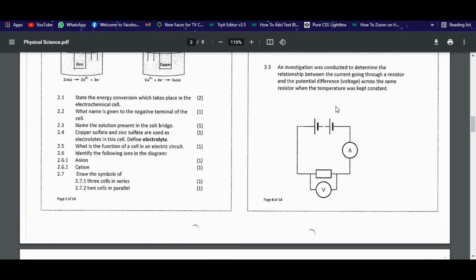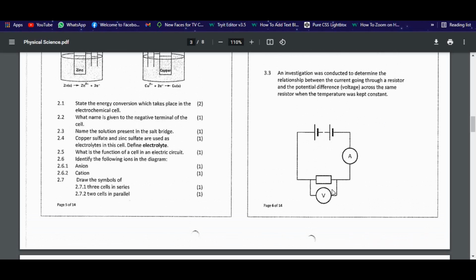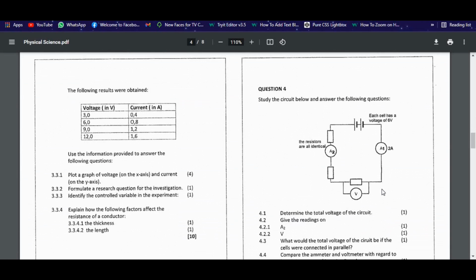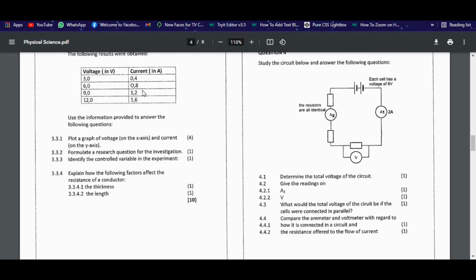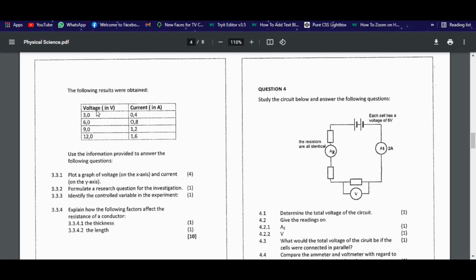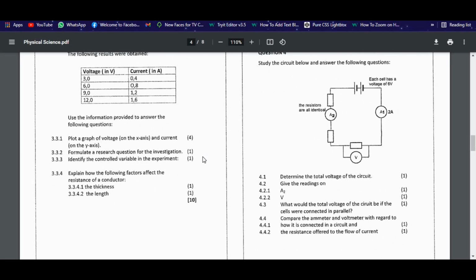So we've got our battery there, ammeter in the circuit, resistor, voltmeter across. The following results were obtained. Voltage changed here, current. Use all the information to answer the following questions.